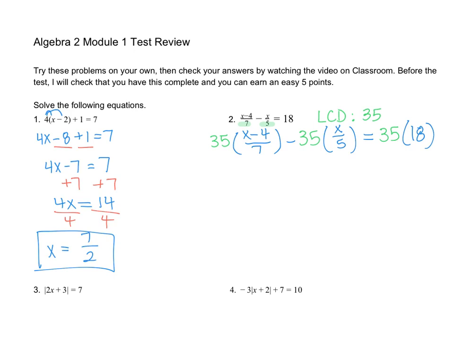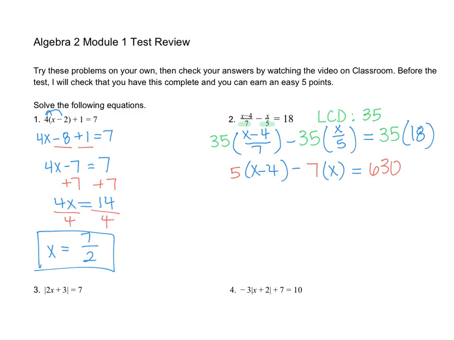So 35 divided by 7 is going to give me 5 times x minus 4 minus, and then 35 divided by 5 is 7 times x equals, then we want to do 35 times 18, which is going to give us 630.